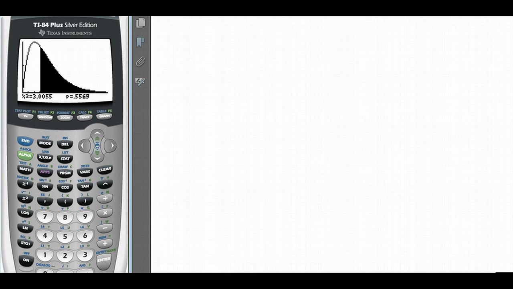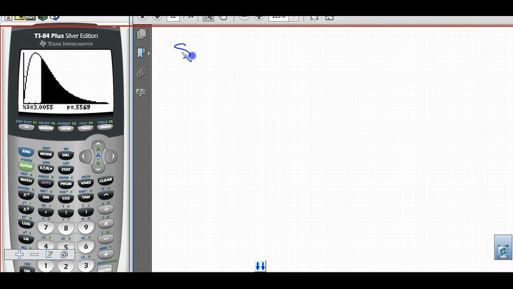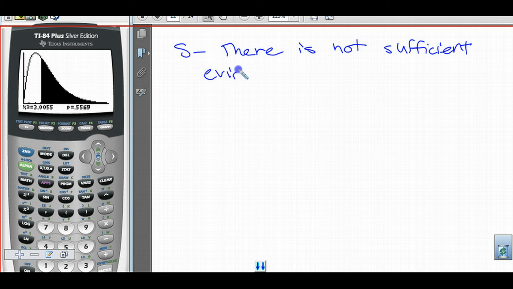I have more room here. So for our statement, we're going to say there is not sufficient evidence to support the claim, or support that. There wasn't really a claim involved.